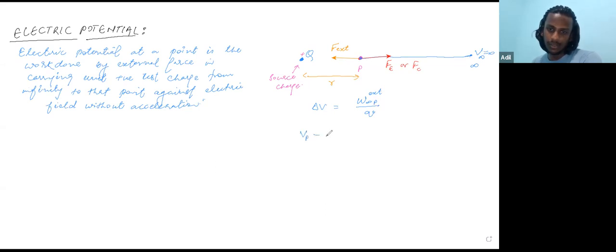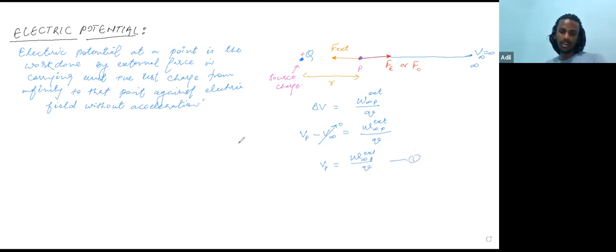Delta V is your Vp minus V infinity, which is equal to W of infinity to P external over Q. This is your equation number 1. And now we already know potential at infinity is 0. So we can write here Vp is equal to W infinity to P external over Q.